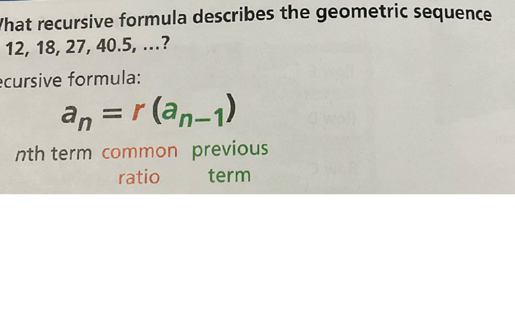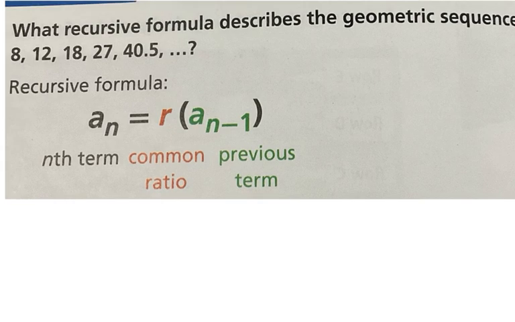But sometimes, depending on situations, they will tell you part of this, and you have to fill in the rest. So, for example, in this one, I'm not given the formula. I'm given the sequence: 8, then 12, 18, 27, 40 and a half.